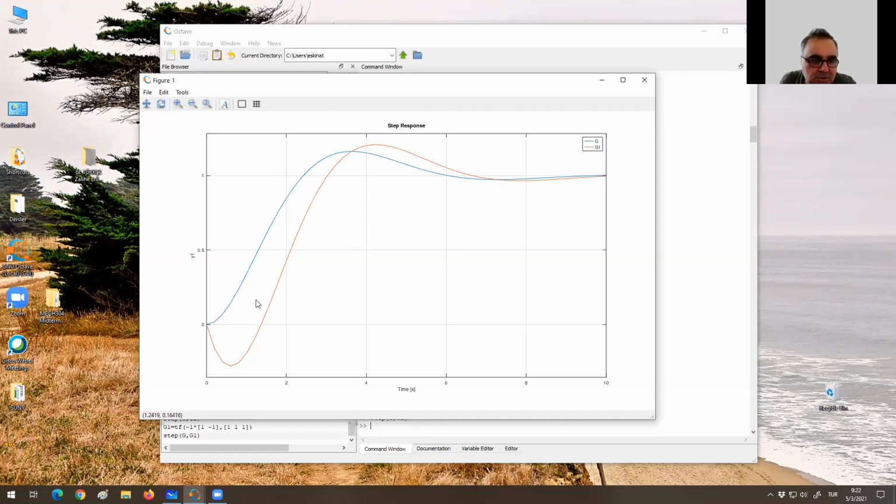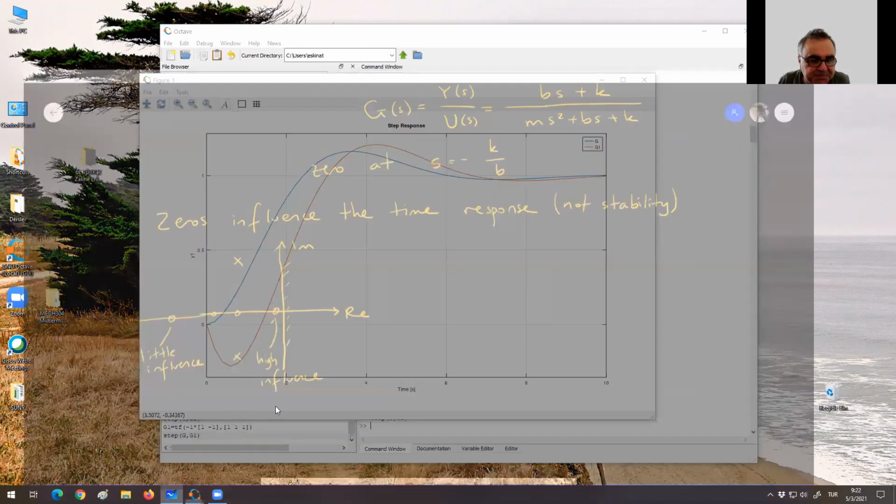So a zero like this, a positive zero, causes an inverse response in the system response. Also, systems that have inverse response are difficult to control. The control can be limited, but let's not go into that for the time being.